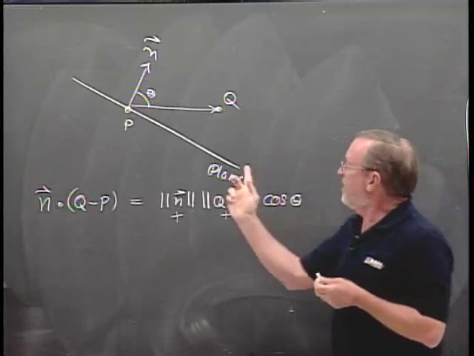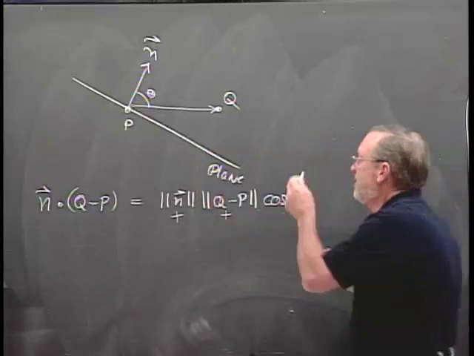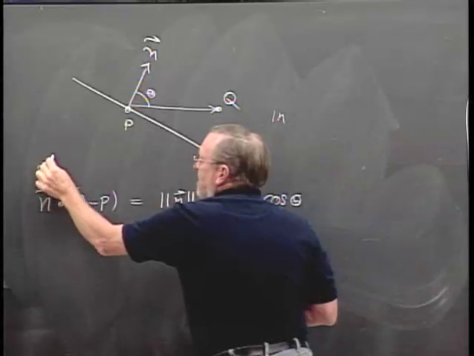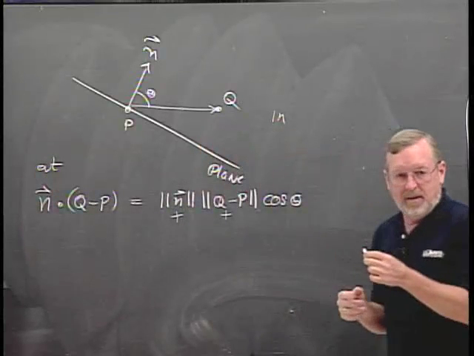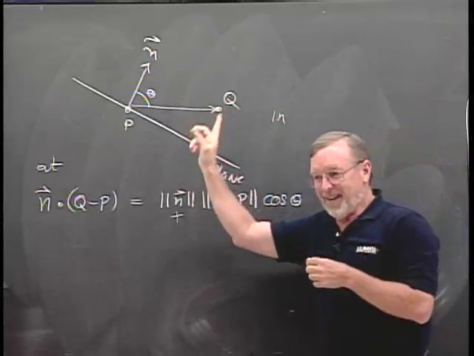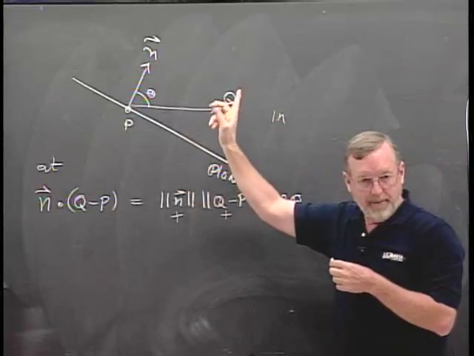I'm going to call this the inside of the plane, and this side of the plane the outside of the plane. The inside of the plane is the side where the vector points. Is that fair enough?